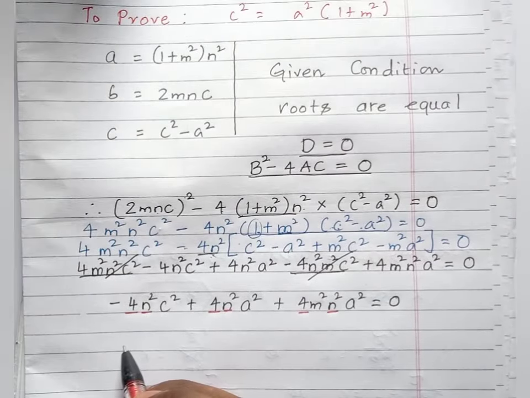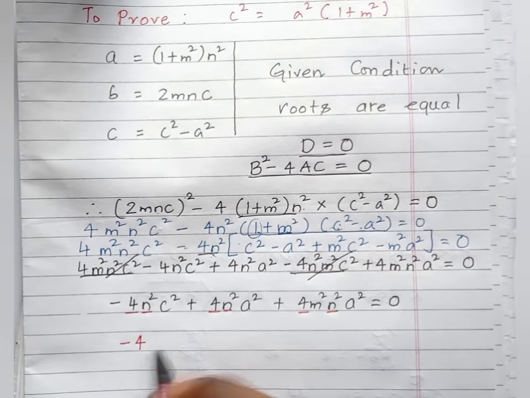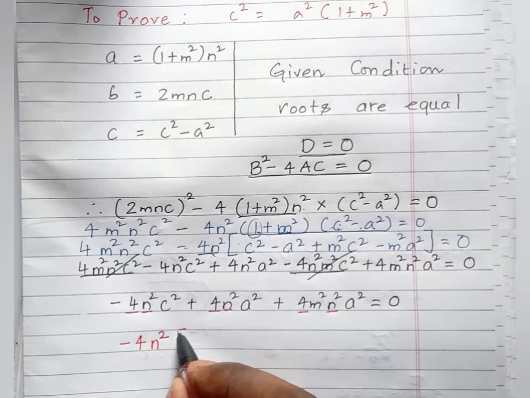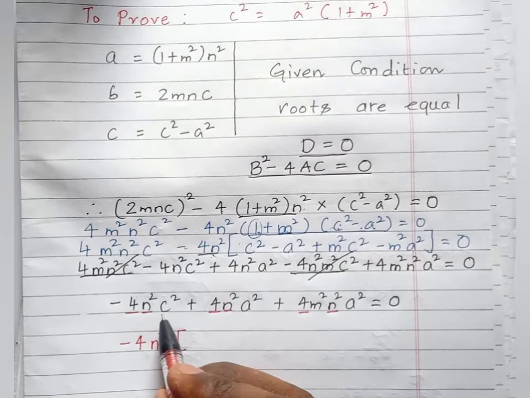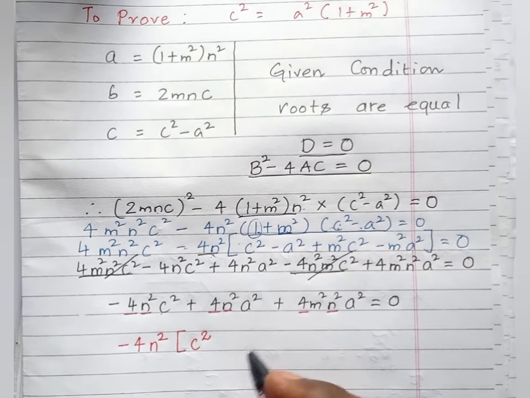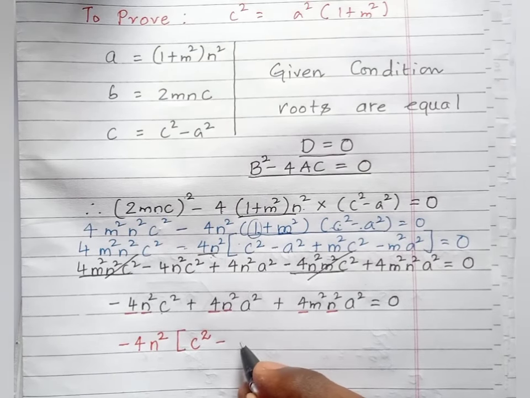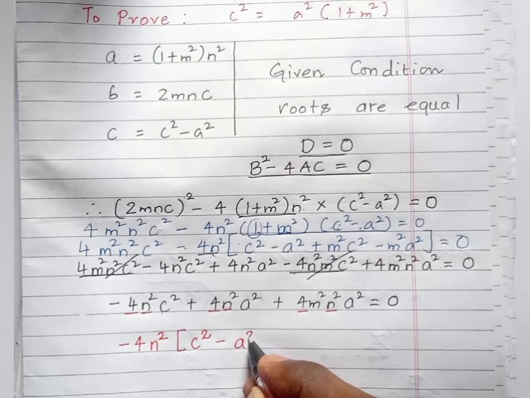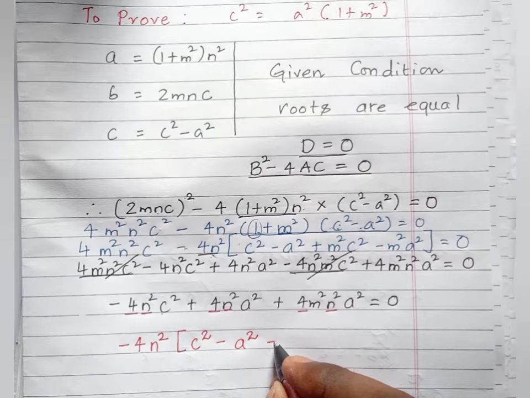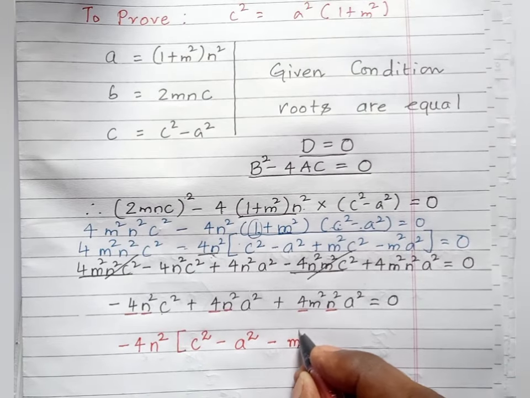Taking minus 4n square as the common factor, the remaining terms are c square. Since I have taken minus 4n square common, it becomes plus into minus, minus a square, then plus into minus, minus m square a square.